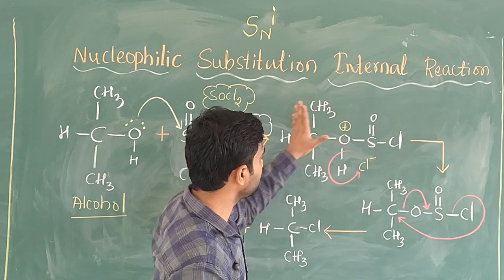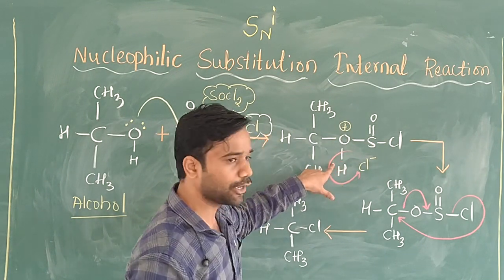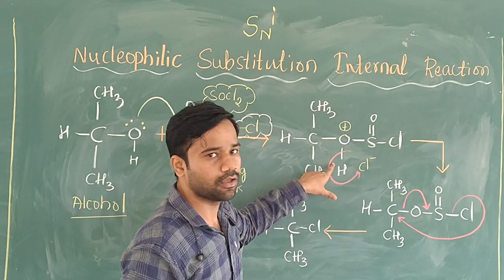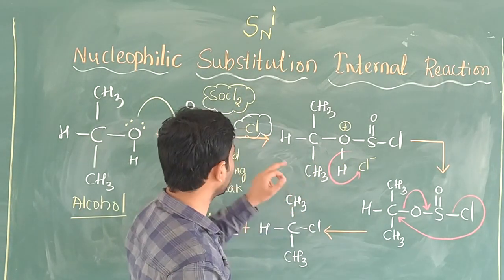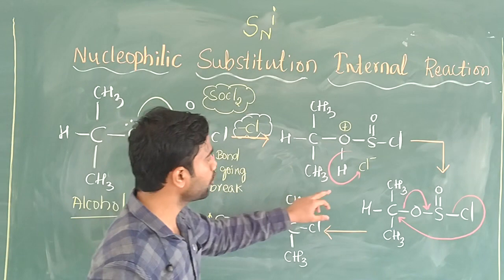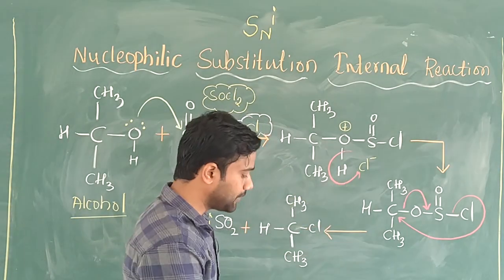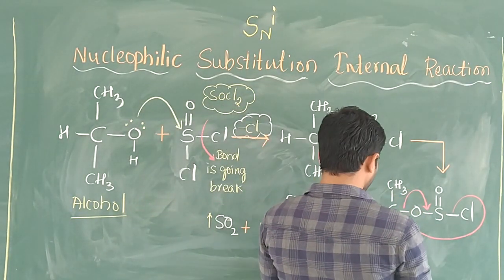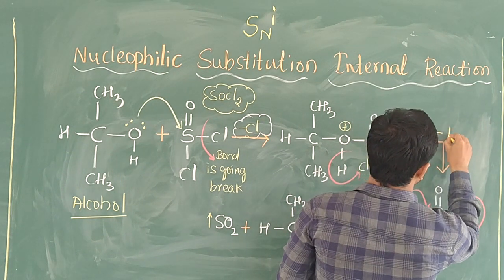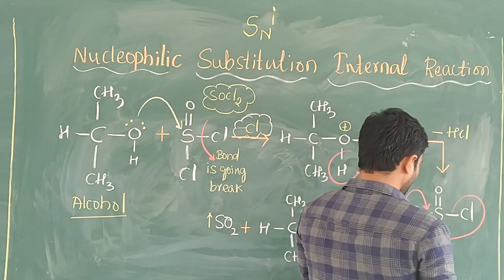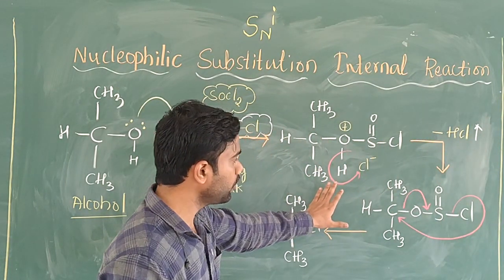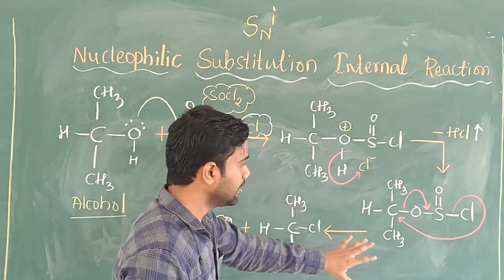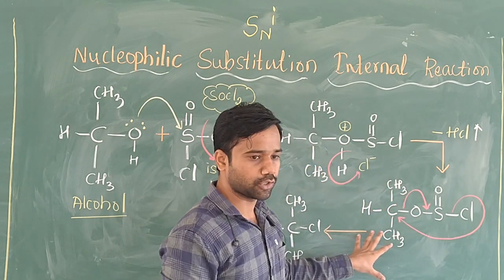After the rearrangement of the molecule, the hydrogen is unstable. That's why this chlorine is going to take this hydrogen by elimination of hydrochloric acid. This liberates hydrogen chloride in the form of gas. After the removal of the hydrogen chloride, there is a rearrangement of the molecule here.